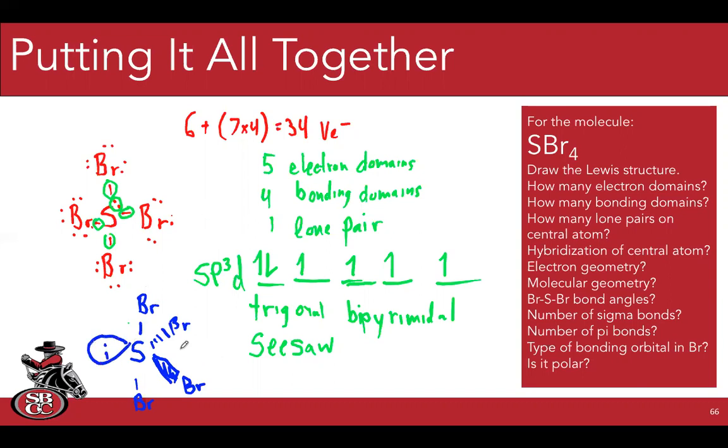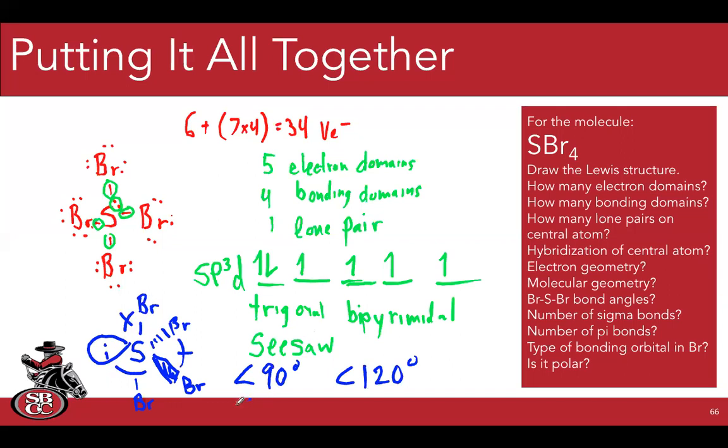So we have this equatorial bond angle here, and then we have this axial bond angle here. We know that they're going to be less than, because that lone pair is going to push those bonding groups a little bit further than we would expect. And so we should have less than 90 degrees with this bond up here, and less than 120 degrees for this bond right here.